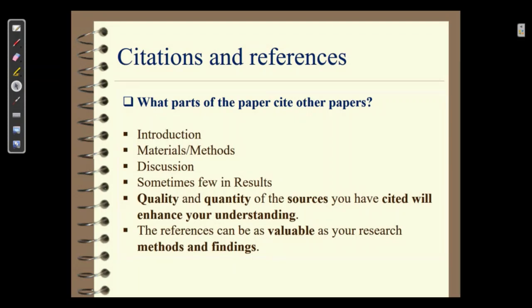Then it should be included in the discussion as well. For example, if you are discussing a law or some equation, you have to give the citations or references to that equation as well, and sometimes in the results as well.